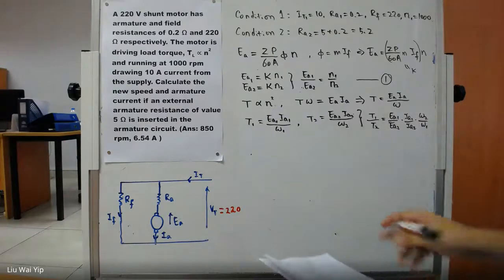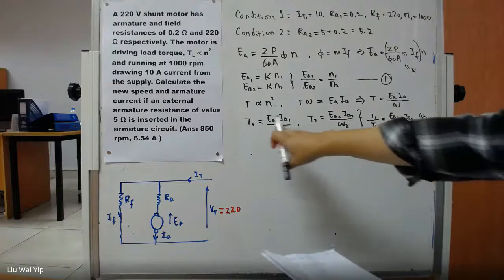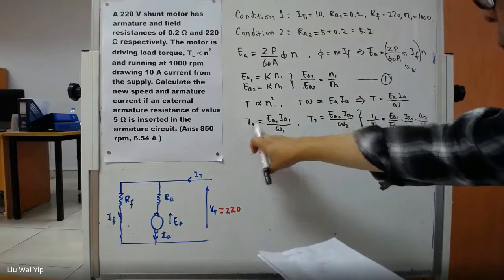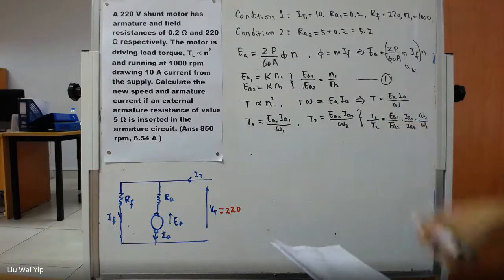So if I divide T1 by T2, then I should end up with this formula.